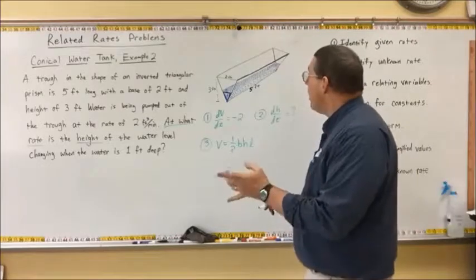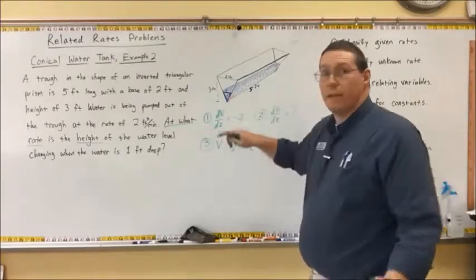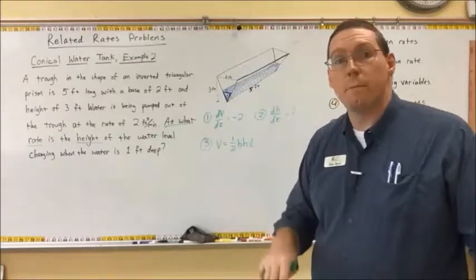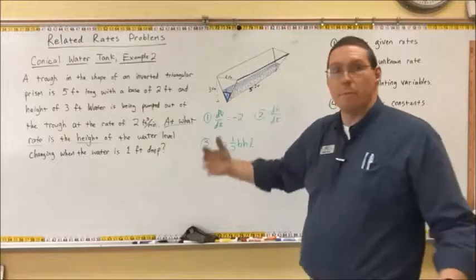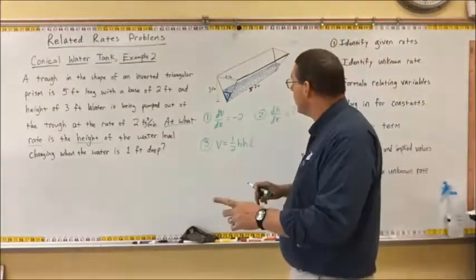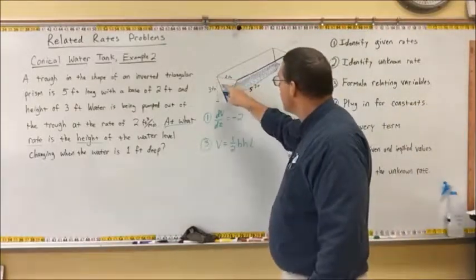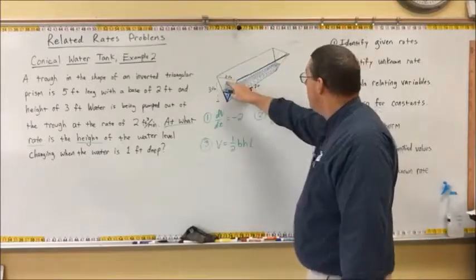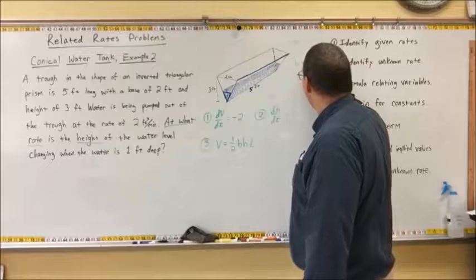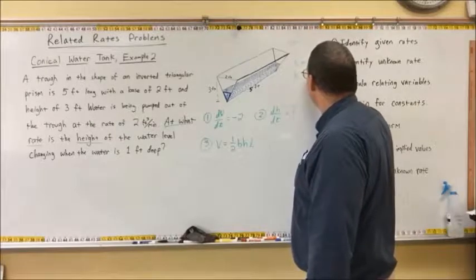But remember what we did in the conical one? We have 2 similar shapes. Both of these prisms are similar. They have similar proportions. In particular, the base and the height are proportional to each other. So in this, the base is 2 and the height is 3.